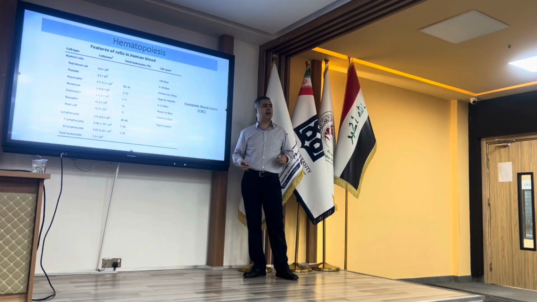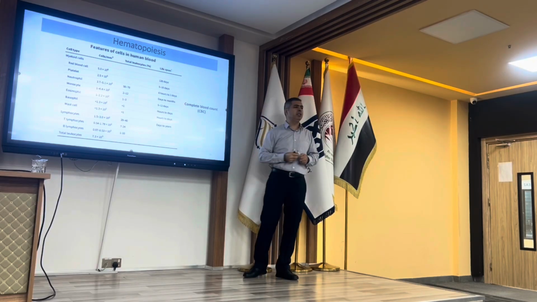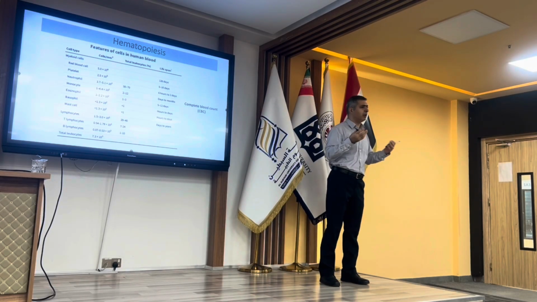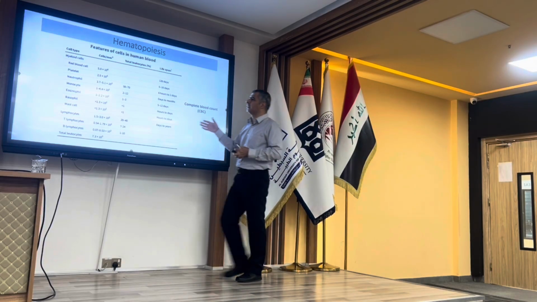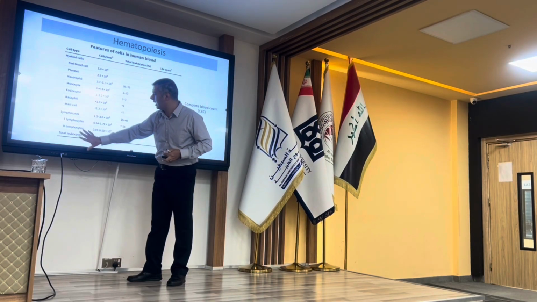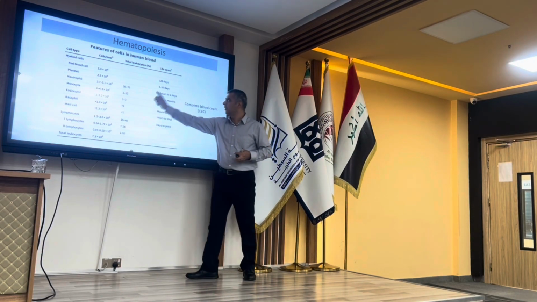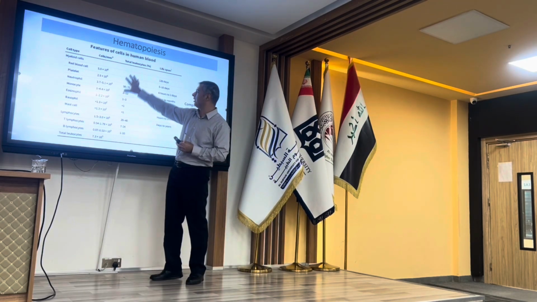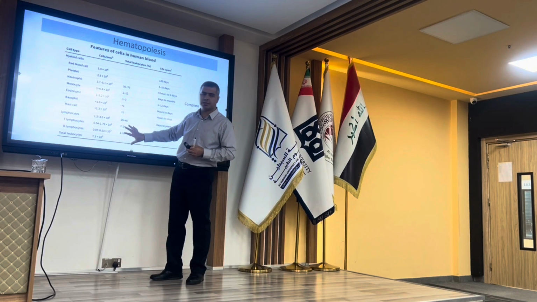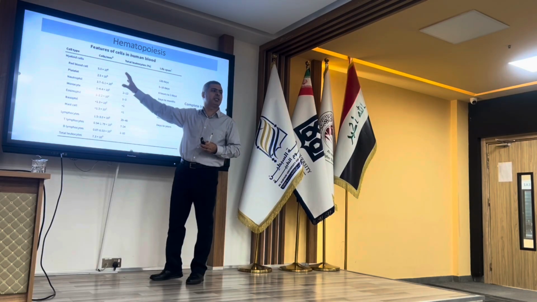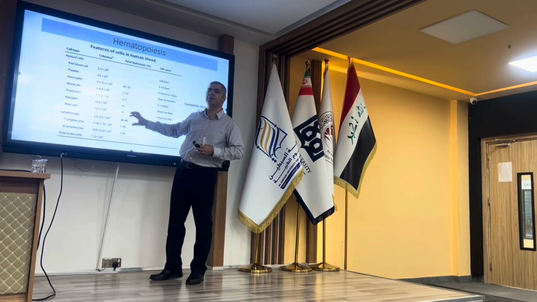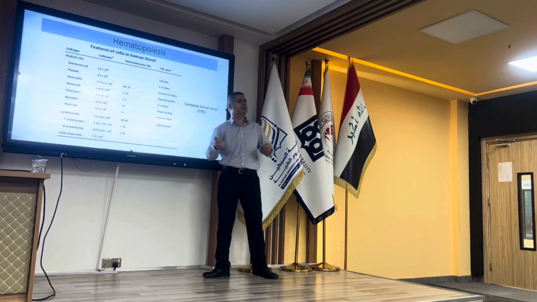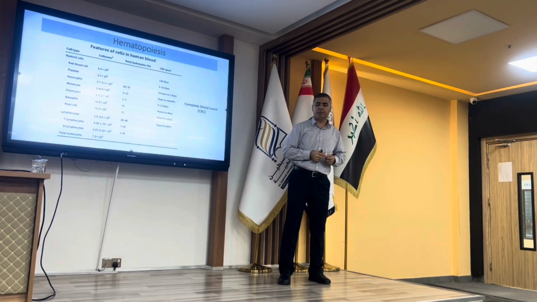There is a test in the laboratory called CBC, complete blood count. In a complete blood count, we have the exact number of red blood cells, platelets, and leukocytes, and their percentages. Any changes from these normal ranges could be a sign of a disease.